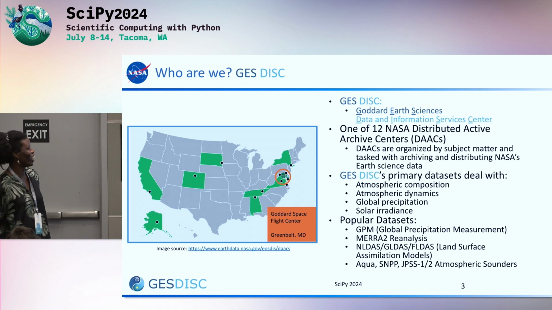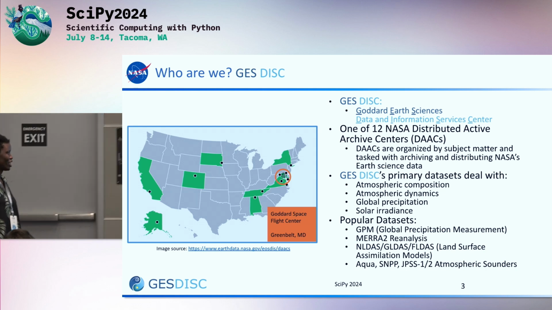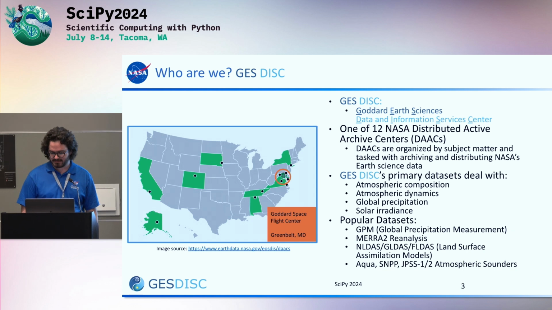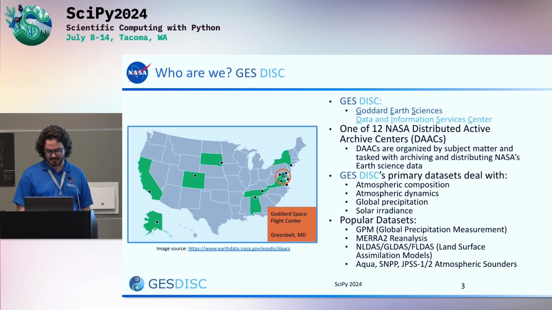So first of all, who are we? We're JESDISC, or the Goddard Earth Sciences Data and Information Services Center, one of the many, many NASA acronyms, and more specifically, one of the 12 NASA Distributed Active Archive Centers. So NASA has 12 centers across the country that are tasked with archiving and disseminating to the public the Earth observing data. We are one of the ones here in the circle, located at the Goddard Space Flight Center in Greenbelt, Maryland.